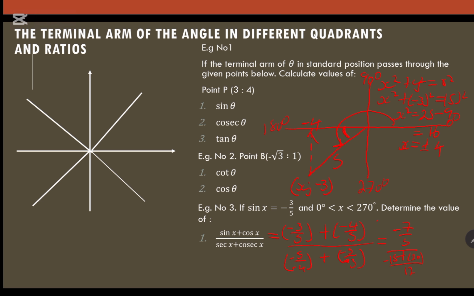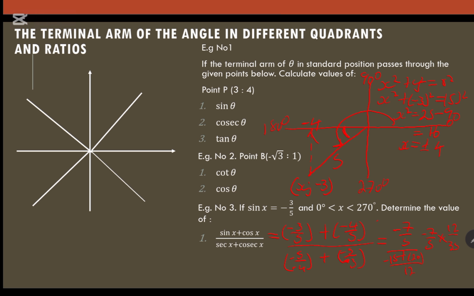So this is just going to be -7/5 multiplied by, so this is -35, so it's going to be 12/35. So it is going to be a positive answer.